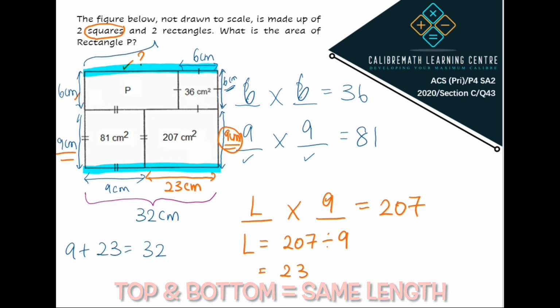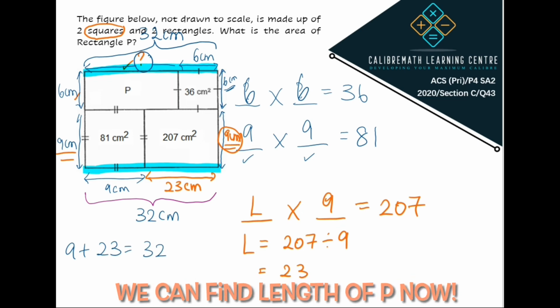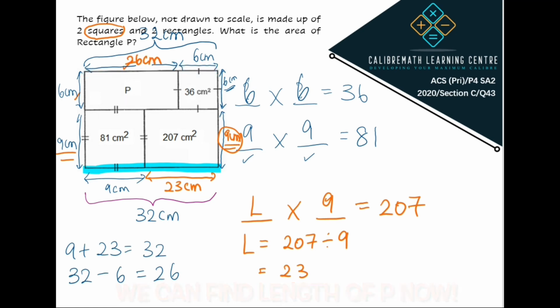And since the top is the same, so the total over here will be 32 centimeters too. So with that, we will be able to find the length over here. And that gives us 32, when you use 32 to take away 6, and that gives you 26 centimeters. So it's 26 centimeters over here.